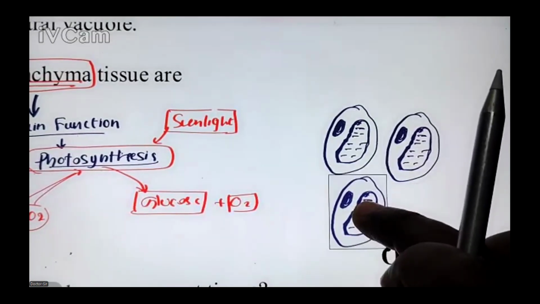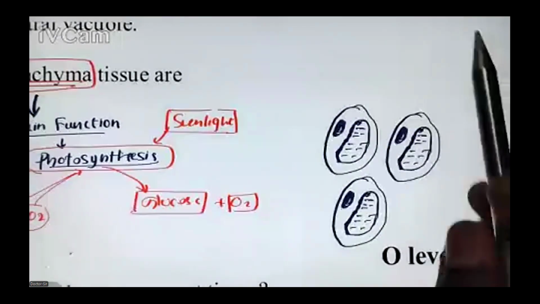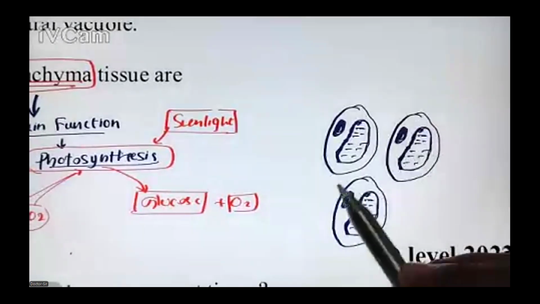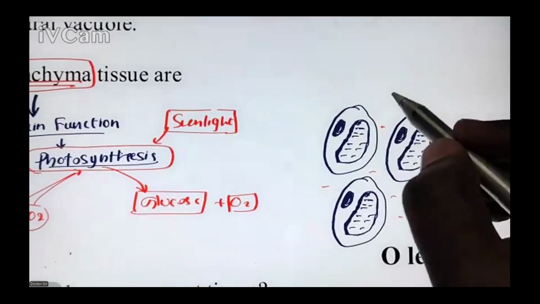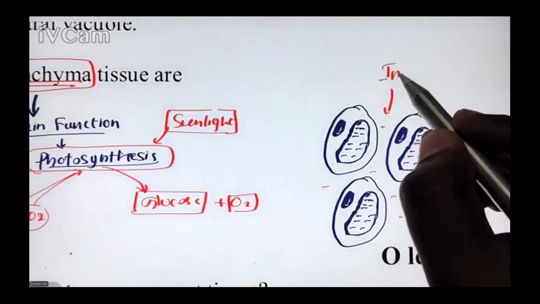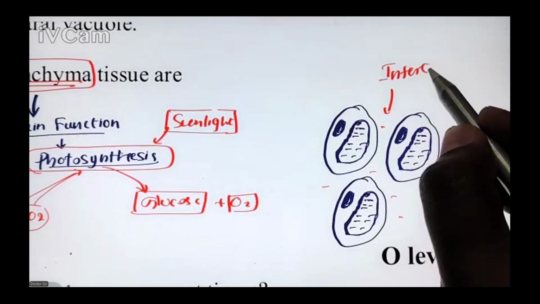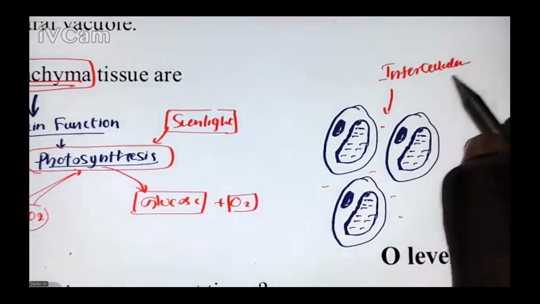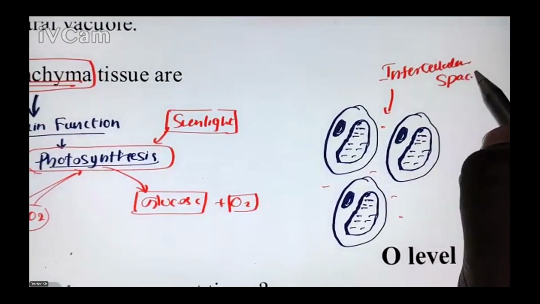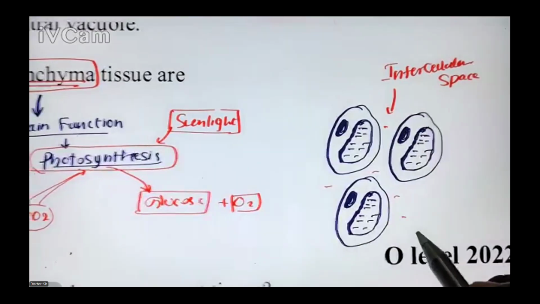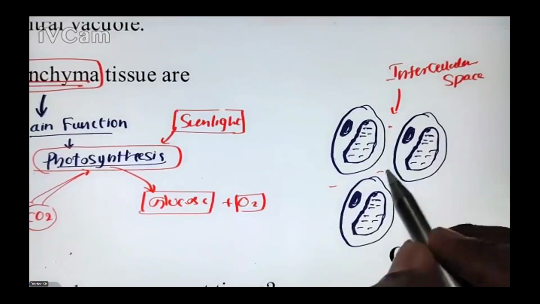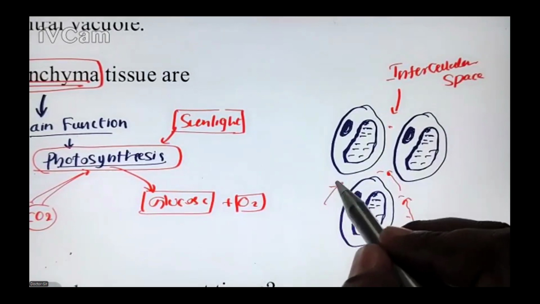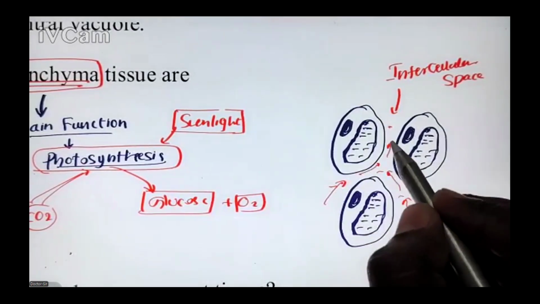Now look in between all these cells, they should have some space. That space we call intercellular space. Why this space? This space is important to transport the gases. That means CO2 and all those gases will be transported through this intercellular space.